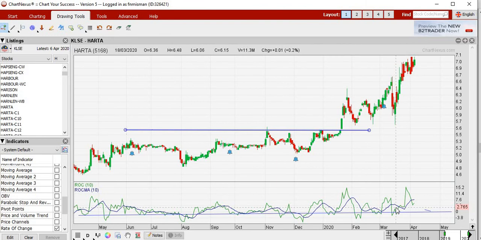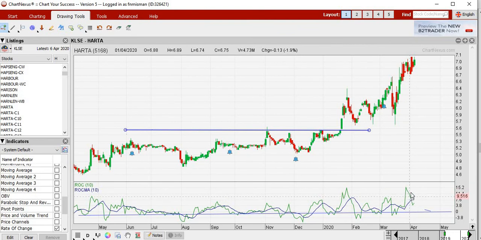So for example, if you ask me what we should do now, if you are a potential buyer, or if you have the intention to buy, would you buy now? Based on the ROC, can we buy now? There is no buying indicator yet, because the ROC value is still above zero.